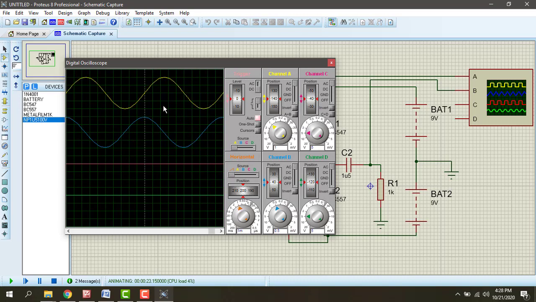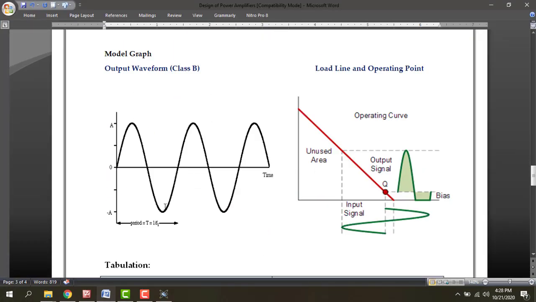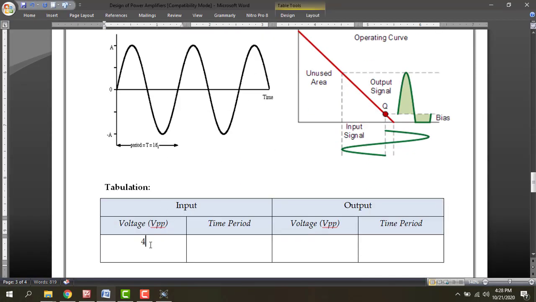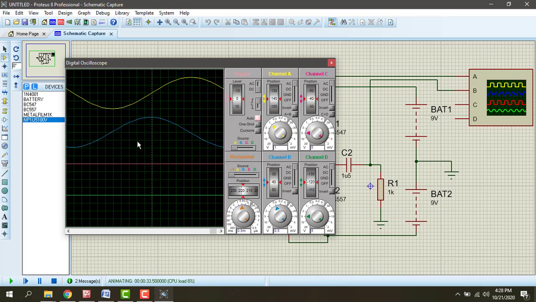In the input we have 4 boxes at 1 volt per box, so we have 4 volts peak to peak, positive cycle 2 volts and negative cycle 2 volts. And the output also has 1, 2, 3, 4 boxes, 1 volt, so 4 into 1, 4 volts.